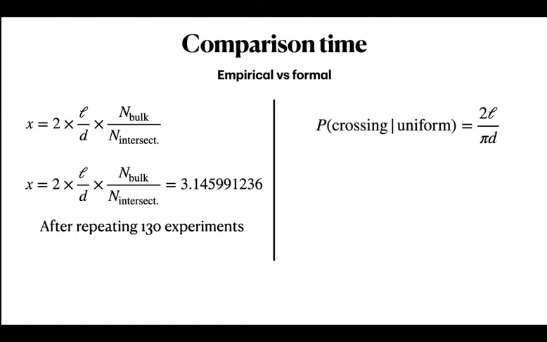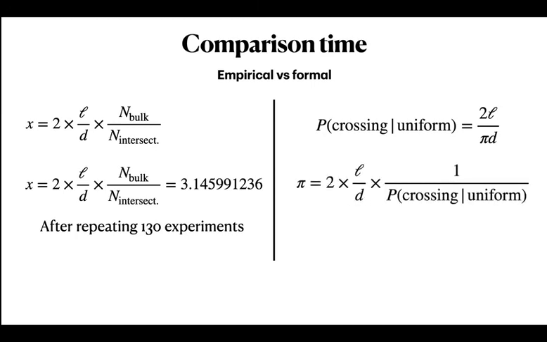I can put it in a form similar to what we have on the left by saying that we could get the number pi as being 2 times L over D times 1 over P crossing, given this uniform assumption. Now, pi is a number in formal mathematics, and it is defined in very different manners that enable people to obtain formal and exact estimates of the digits of pi.